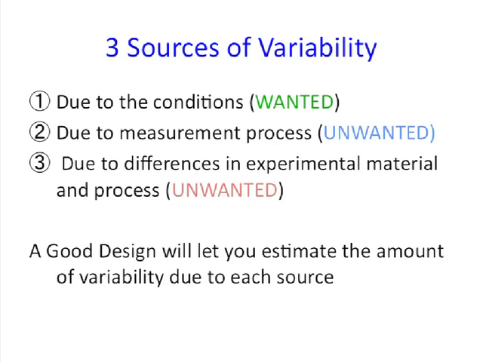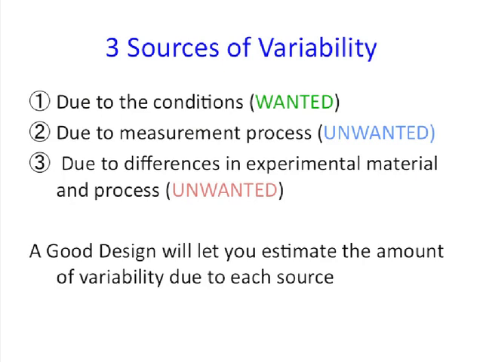So that's wanted variability. Then there's variability that's due to the measurement process. Depending on the kind of response, there could be measurement error associated with it. That's unwanted variability. And then there's variability due to the material or the units. Some of that we talked about on Wednesday.